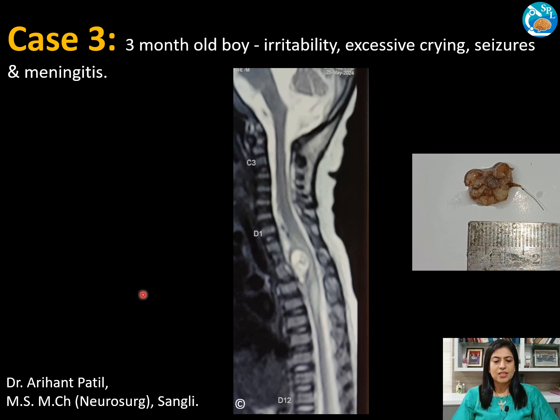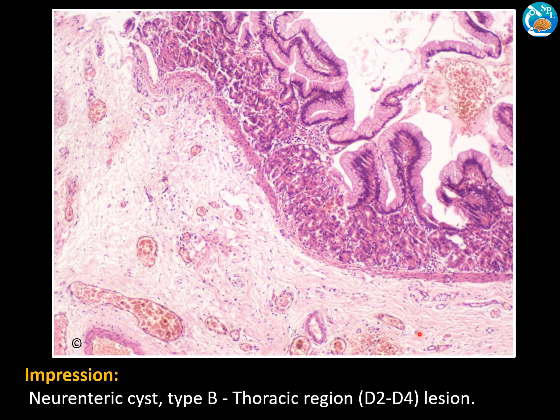So this case was operated by Dr. Arihant Patil, neurosurgeon from Sangli. This is what cystic structure we received in our lab. And when I received the slide on my table, I was quite surprised to see.